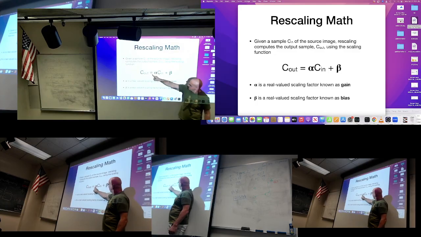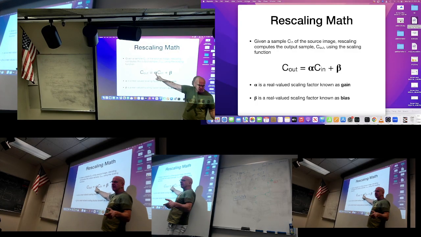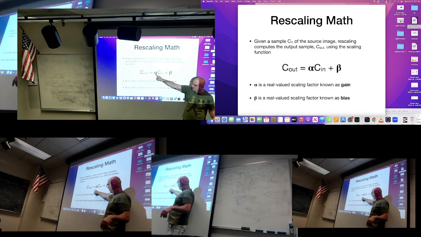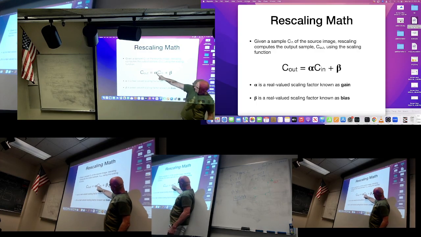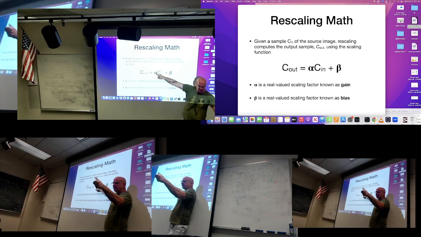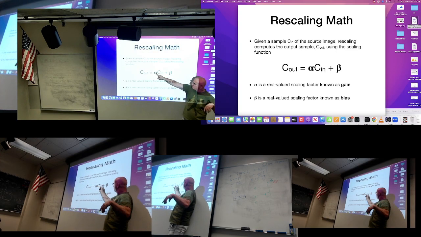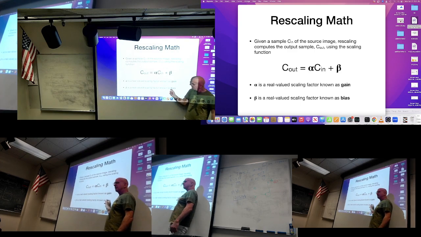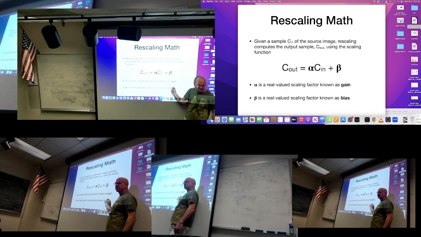I_out equals alpha times I_in, where alpha is one parameter that I want to change, called the gain. Alpha is one potentiometer, one slider that you can change, plus beta. Beta is a bias, the other slider that you can change.